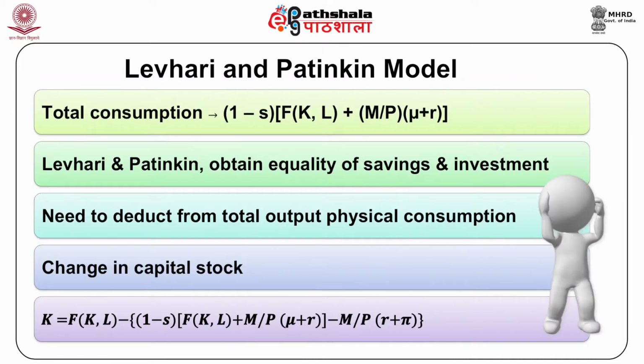Total consumption is now represented by (1 − S) multiplied by (F_KL + (M/P)μ + R), but according to Levhari and Patinkin, in order to obtain equality of savings and investment, we need to deduct from total output not the total consumption expenditure but the physical consumption.